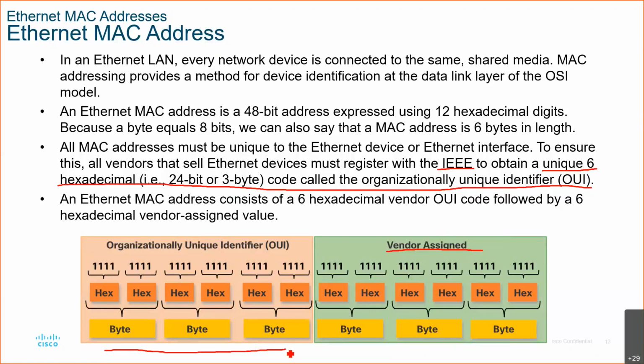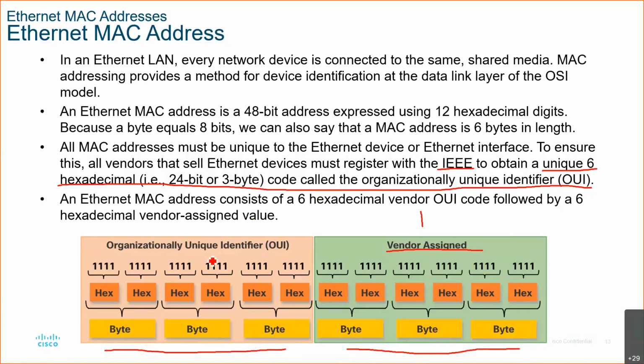Henceforth, anything coming from my factory will have this OUI. And then I will add another 6 hexadecimal values based on what I want. This is dependent on me. This is given by IEEE.